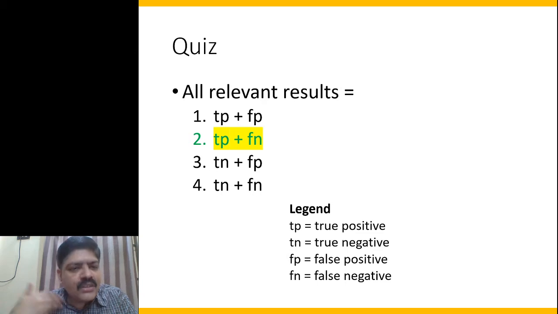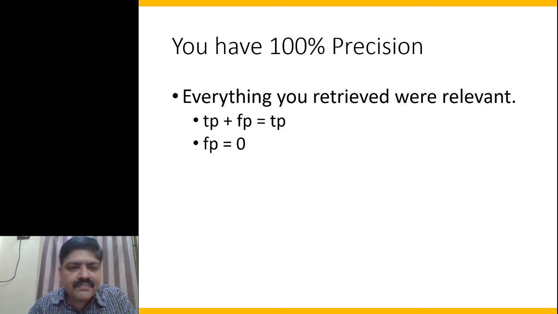Something did not show up in our results, that's why they are false. And they are negatively false, which means they were relevant, but we did not show them to the user. So they are false negative. So if we put together the true positives, which were rightly shown, and the false negatives, which were wrongly hidden, we have all relevant results. Hope you got this one right. Let's move on.